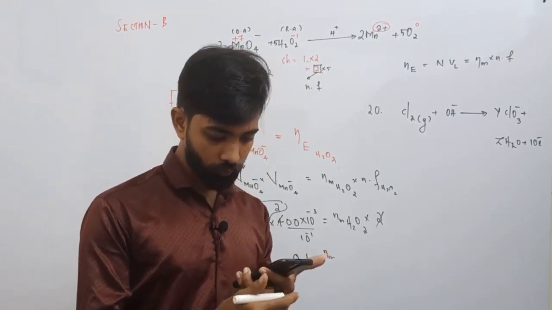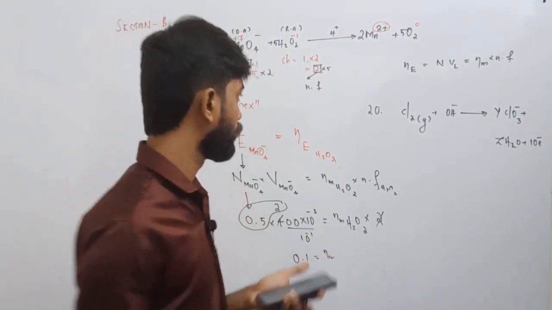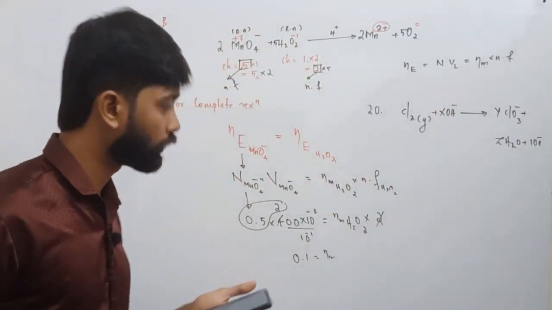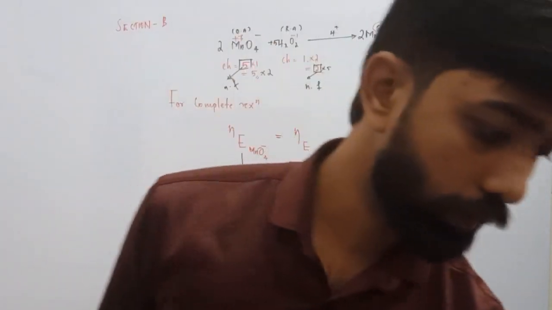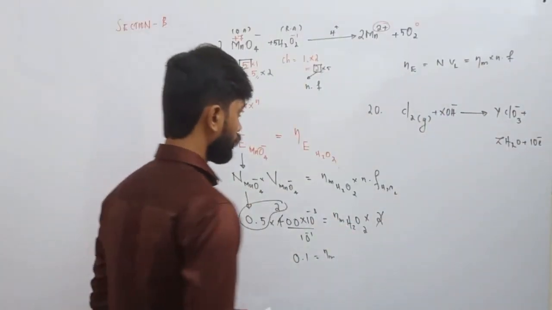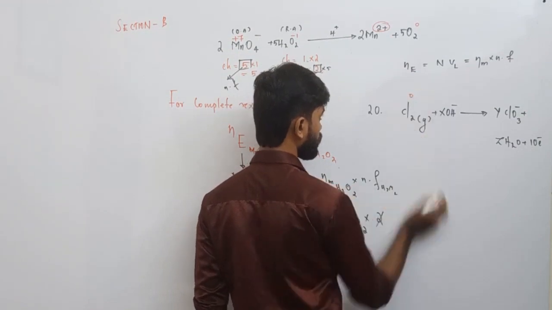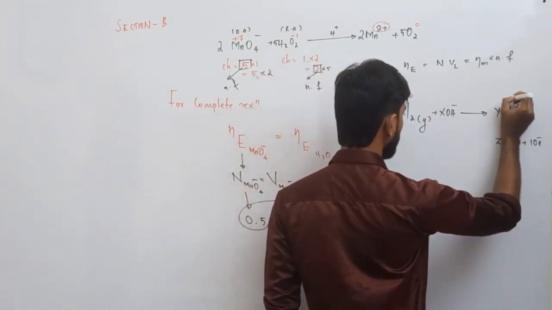So you're asked to find the coefficients of X, Y, Z. Ready? So simply you find the oxidation state. Here 0, here plus 5.